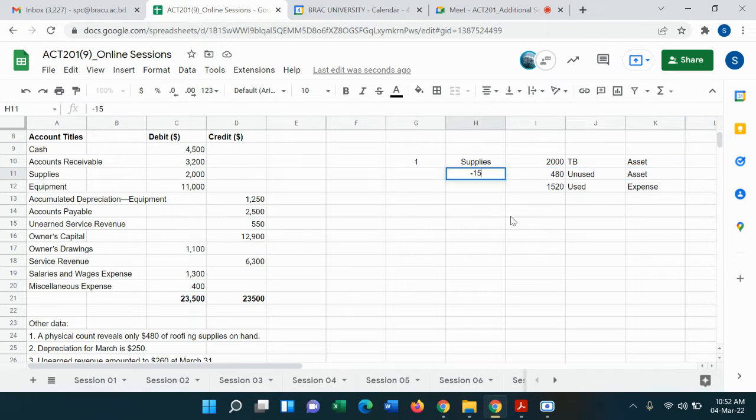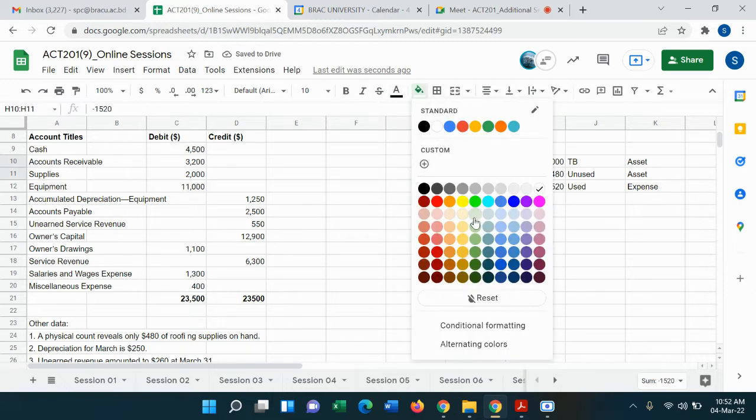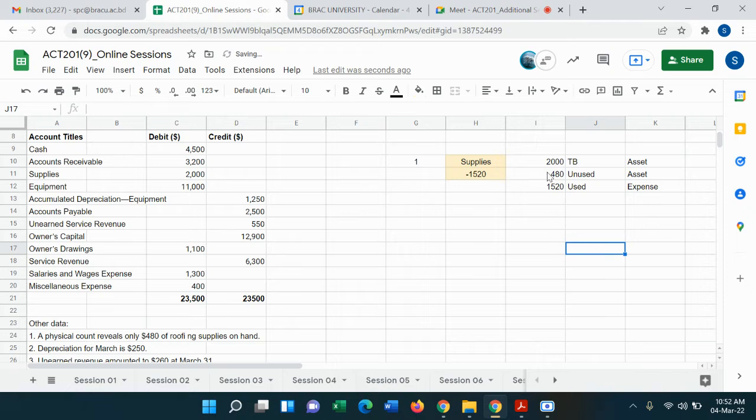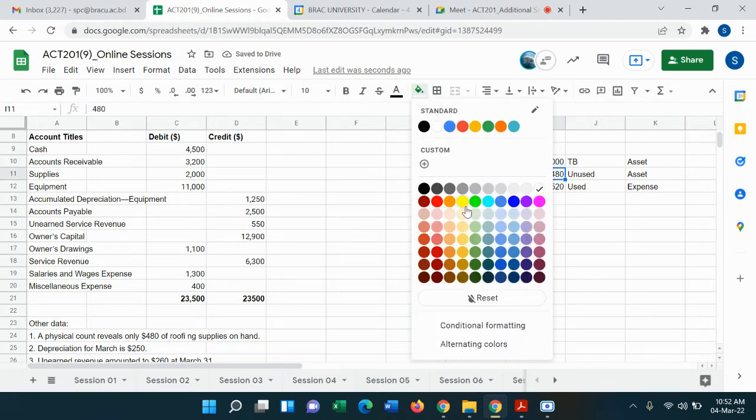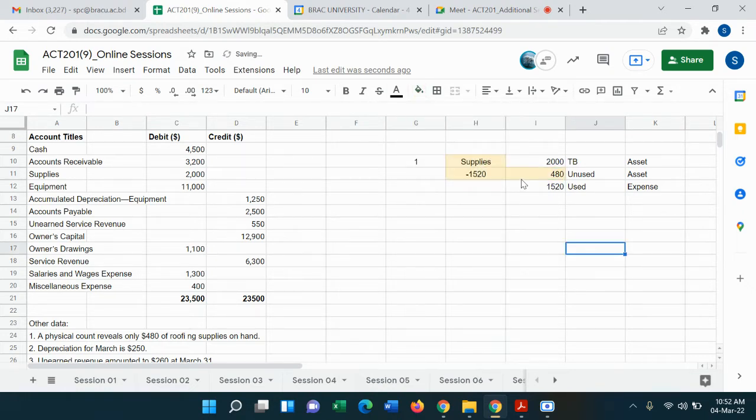If you reduce this asset by 1520, then it will become 480. That is the calculation. And on the other hand, what should be the title of this expense? Supplies expense. Have we recorded this expense?